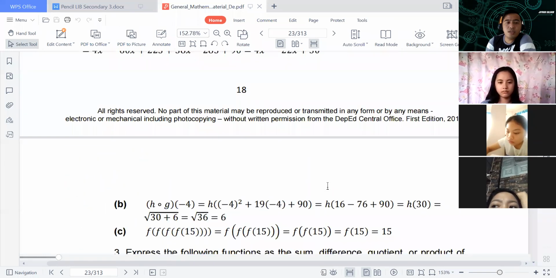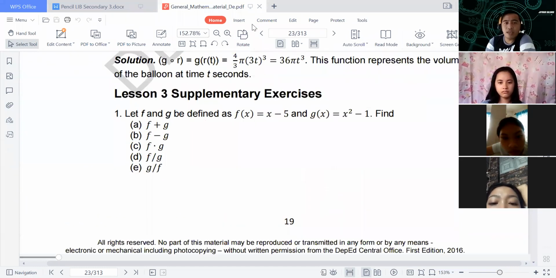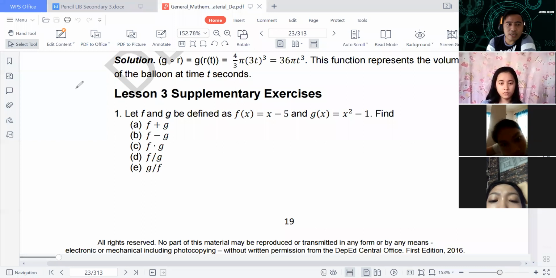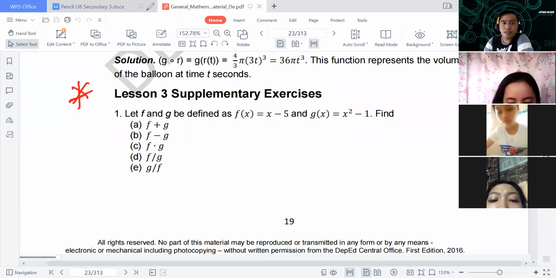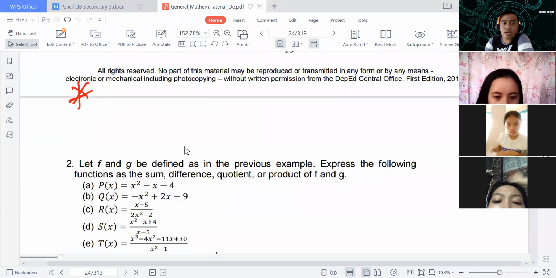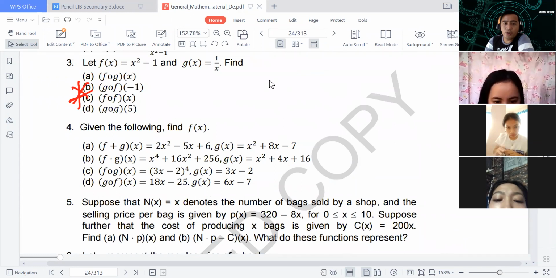I'll give you the exercises. You will not pass this one, but I want you to try to answer this one. I want you to answer supplementary exercises in lesson 3. You will answer until number 4. Clear? 1 to 4.